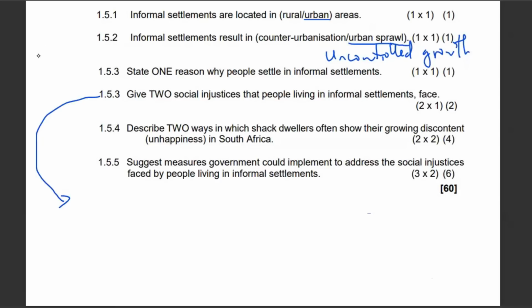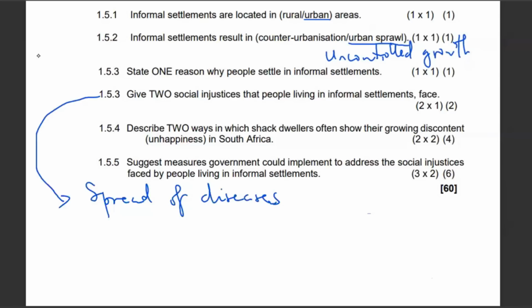What are the injustices? We can talk of spread of diseases. Because of the conditions in the informal settlements, some of the conditions are unsanitary, they are unhealthy, that facilitate the spread of diseases. And also because of the level of population in the informal settlements, contagious diseases are likely to spread fast because people are crowded.